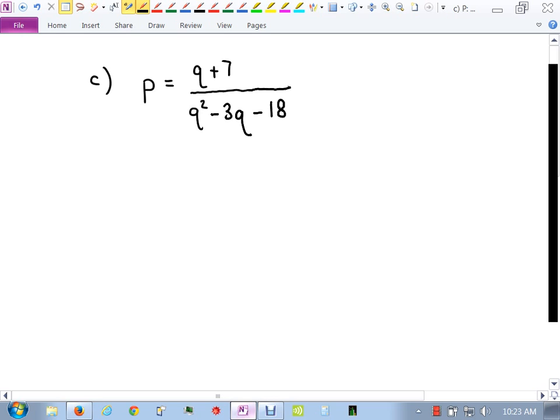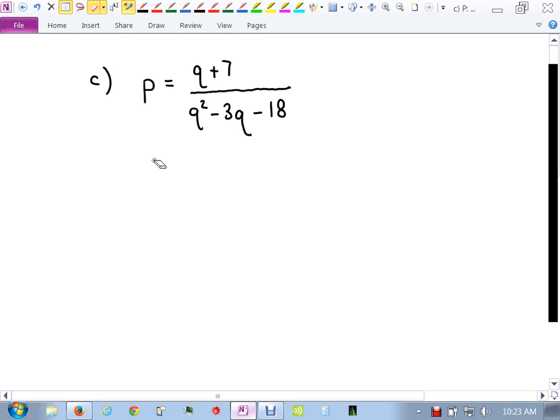Now I want you to notice something right away here. This thing is not given to us in functional notation. In other words, they should have written P as P of Q, like this, to let you know that the input is Q. But if they don't write it, it's just understood that P can be determined if I give you Q. Do y'all agree with that? If I give you a value for Q right now, you can tell me what P is? Okay, so P is a function of Q without writing it.